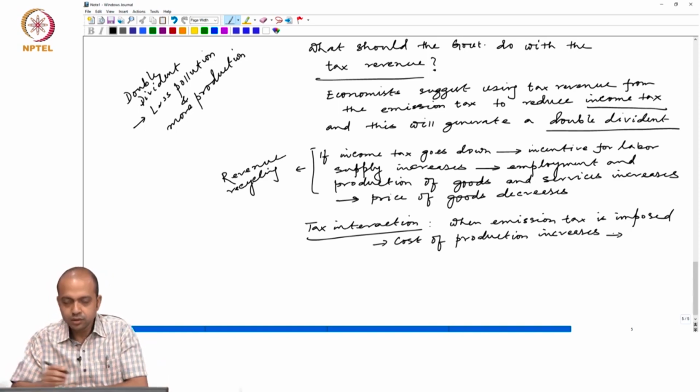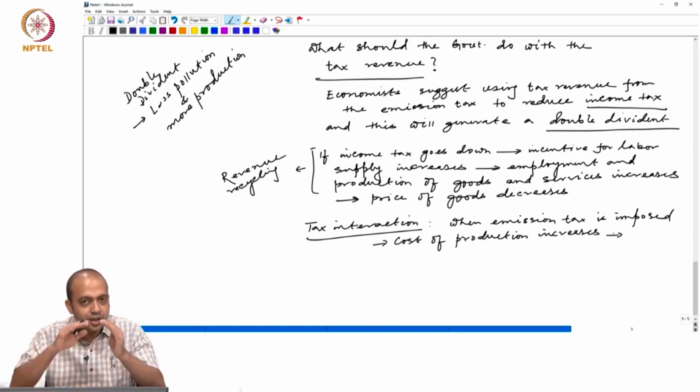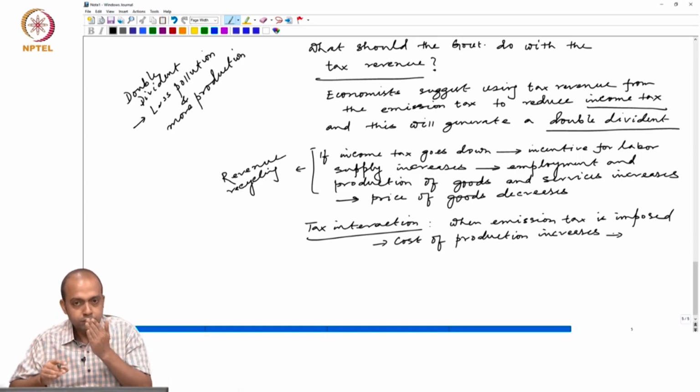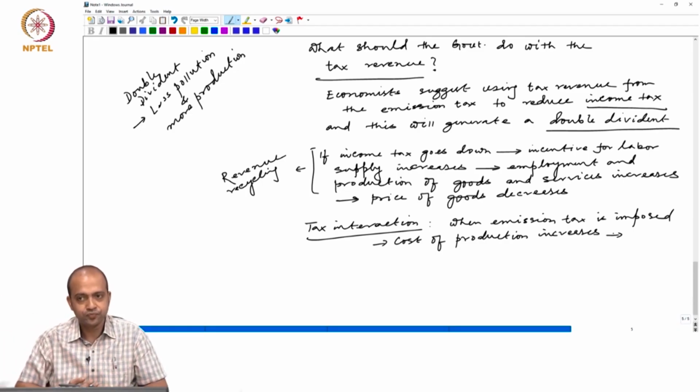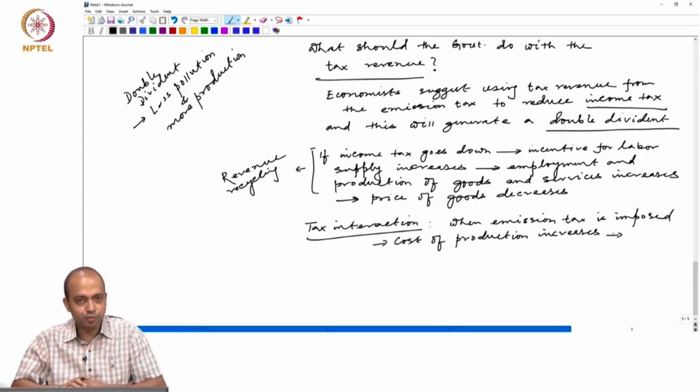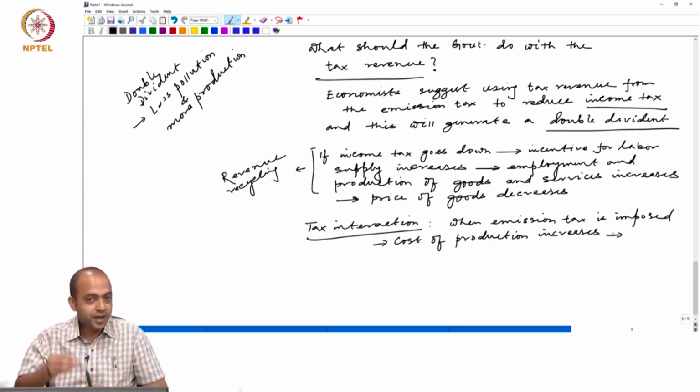And when cost of production increases, as I discussed yesterday, the firms will try to bypass some amount of this extra cost onto the consumer, which is called incidence of taxation, which we have already studied in our microeconomics or principles of economics. That means, when a tax is imposed on the producer, the entire tax burden is not borne by the producer.